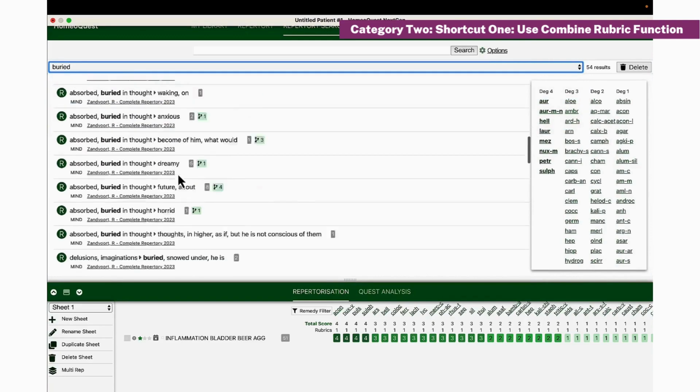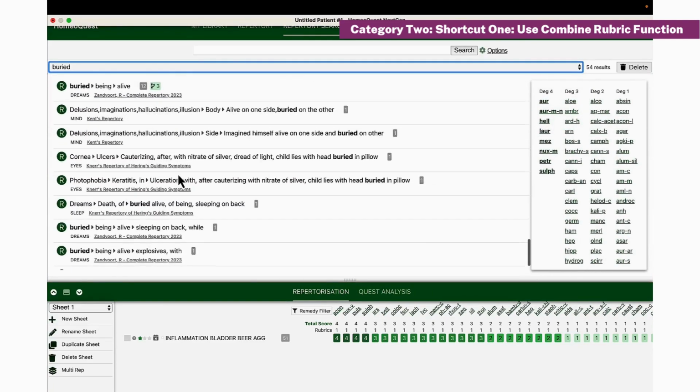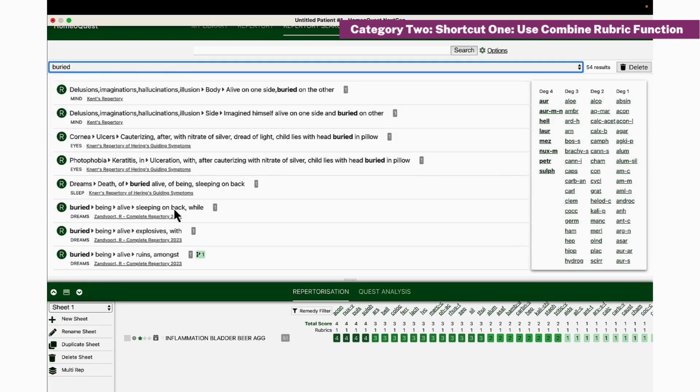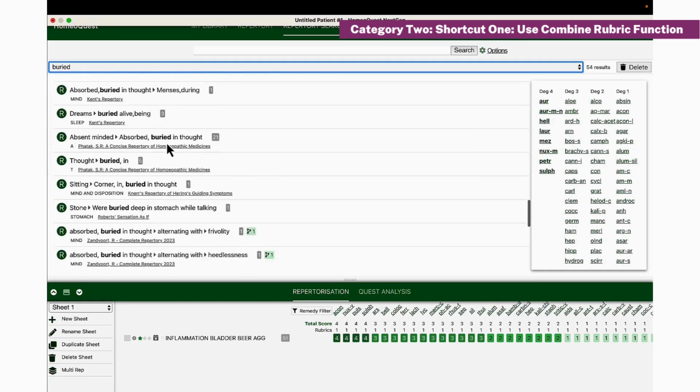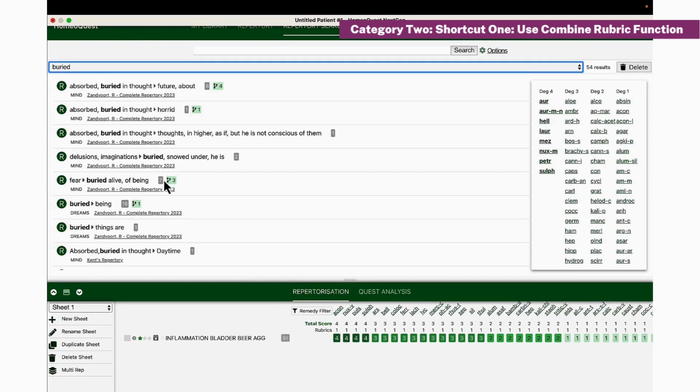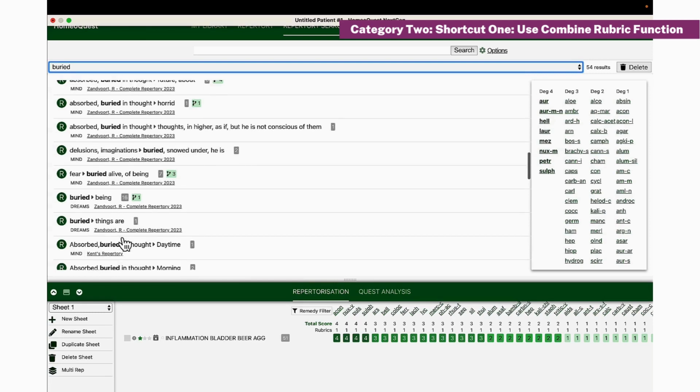And you saw there were so many small, tiny rubrics that came up for that particular rubric. Because if you just take fear of being buried alive, you had just 7 remedies in it. But if you have so many different rubrics with a tiny number of remedies, then the best way is to actually combine them. Okay?